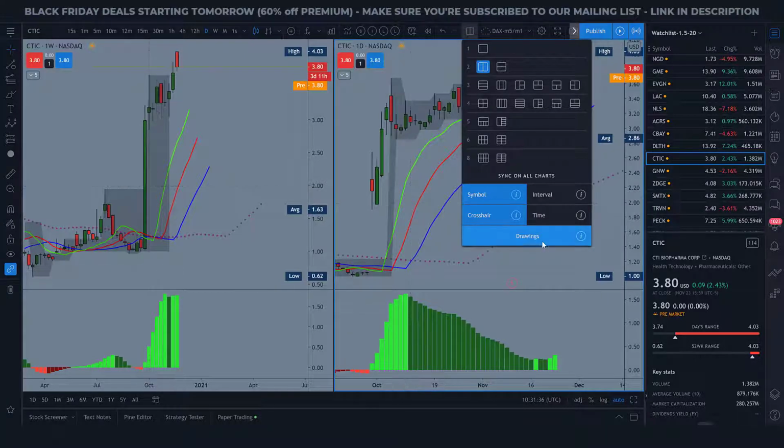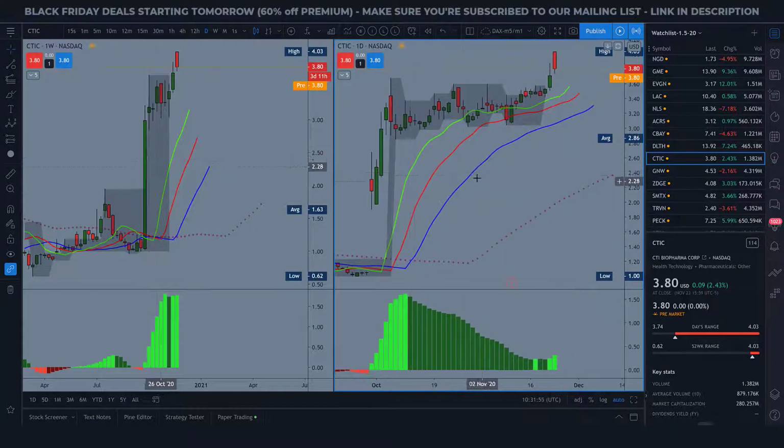Sometimes you want the drawings to be on all the charts that I have. I usually work with this one here. I have the 15-second chart here, the M1 there, and the M5 here. So if I want to draw a line here, it goes on the other as well.